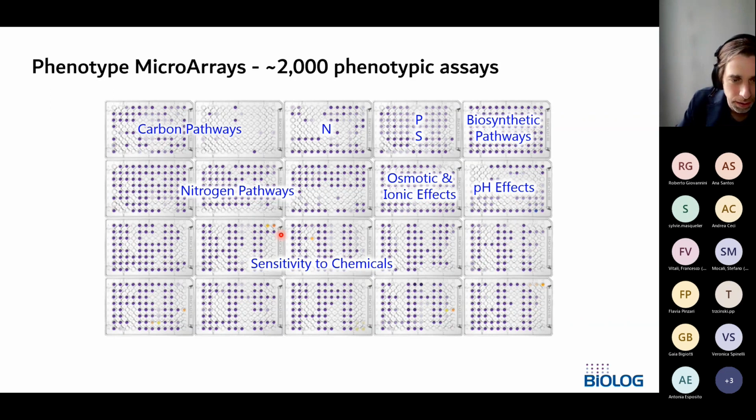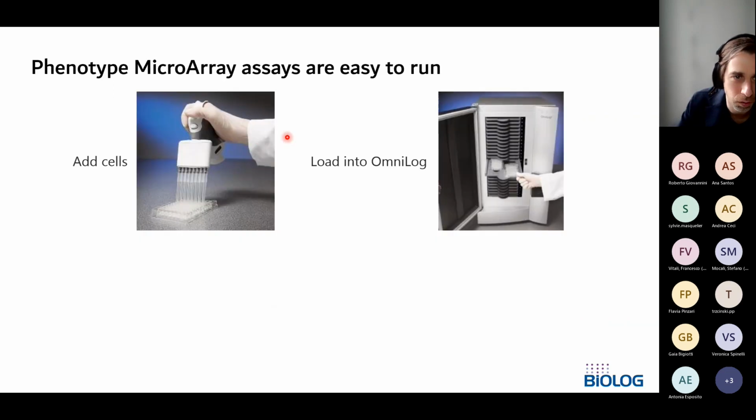So that's of course a large selection for the user. The user doesn't have to run all the plates. He can choose only the ones he wants to focus on. But if they do, there are 2000 phenotypes essentially that can be analyzed all at once.